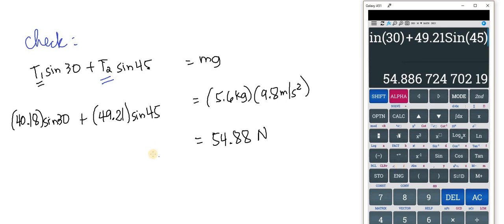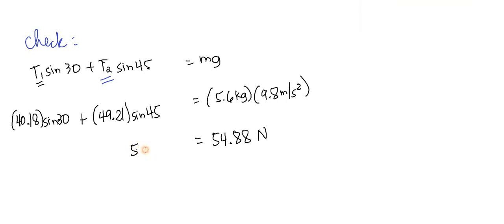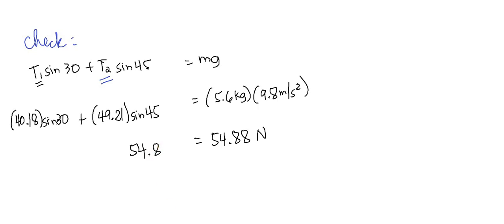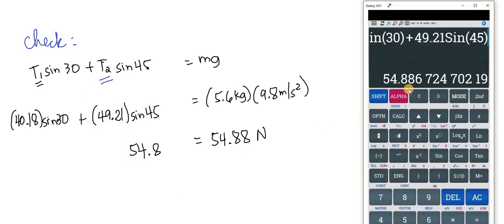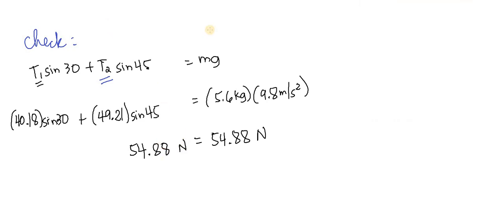And the answer is also 54.88, or approximately 54.89. But it's almost the same. And because these are the same, then it means you got the correct answer. So again, that's how you compute. I'll have another video for another example. Thank you.